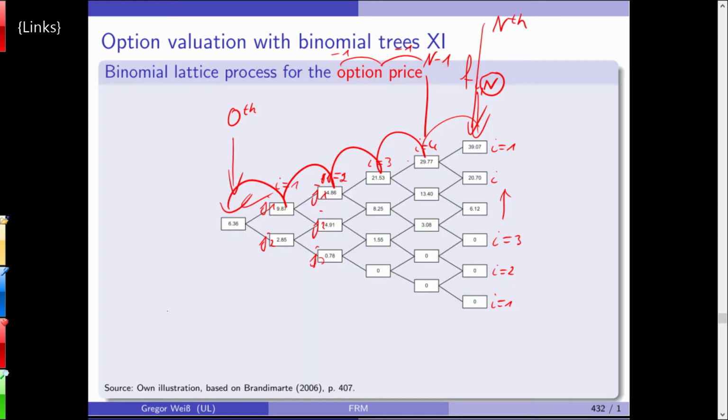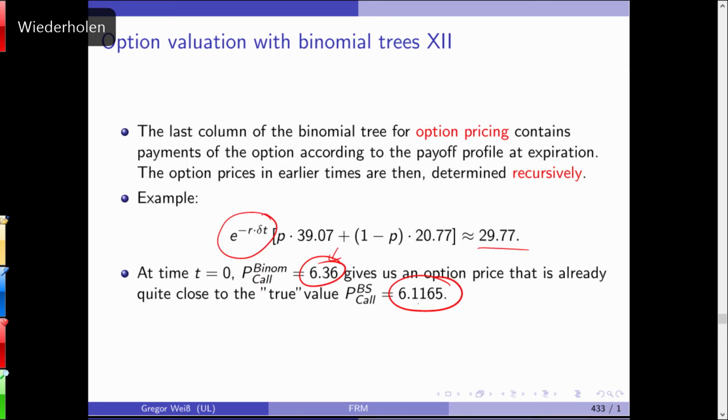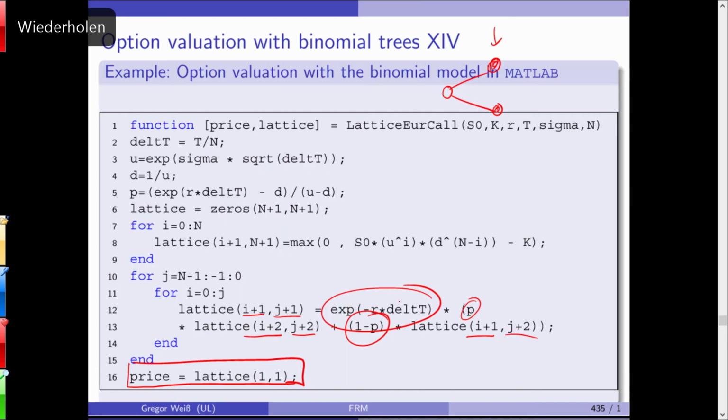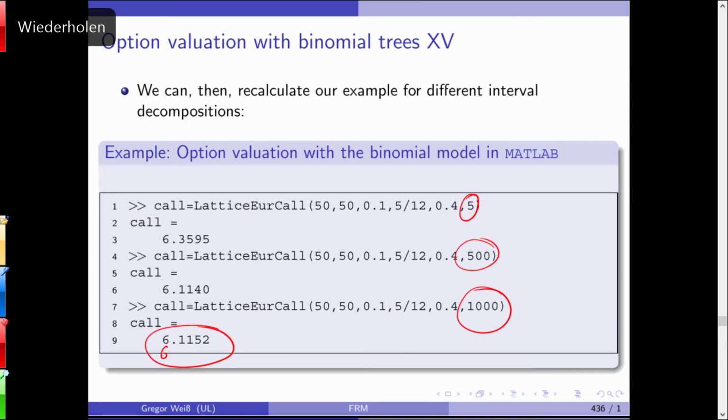Let's have a look. Black-Scholes was 6.1165. So even with 1,000 steps, we are close to the Black-Scholes price, but it's not yet there. Yeah, but you can see that it's moving towards the Black-Scholes price by just increasing the number of steps. Okay.